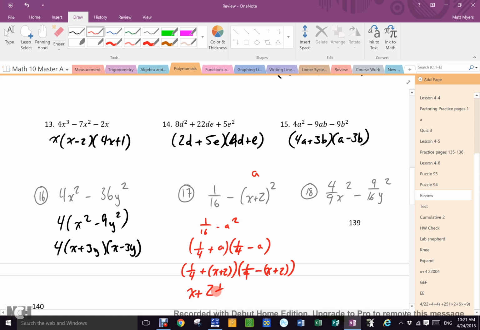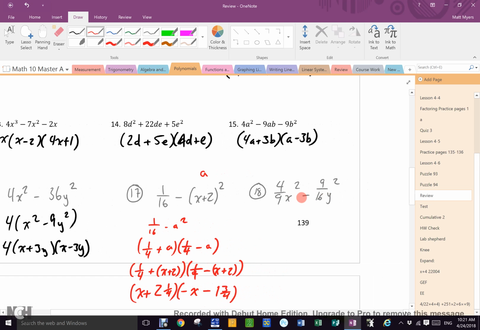X plus 2 and 1/4. And this is negative x, right? And 1/4 minus 2 is negative 7/4 or 1 3/4. And then you would be done.